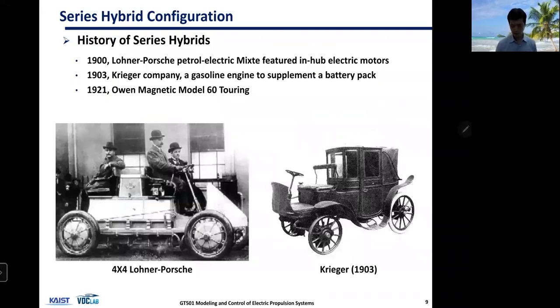This is a quick history of series hybrid. It's not like hybrid is a brand new concept in the early 2000s. It's actually quite old, and in the early 1900s, people actually tried EVs and hybrids.